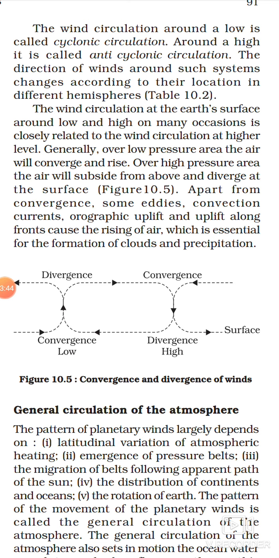The wind circulation at the Earth's surface around low and high pressures is closely related to the wind circulation at higher levels, and over a low pressure area the air will converge and rise. Over the high pressure area the air will subside from above and diverge at the surface. Eddies, convection currents, orographic uplift and uplift along the fronts cause the rise of the air, which is essential in the formation of clouds and precipitation.